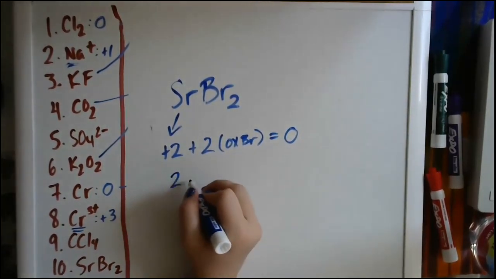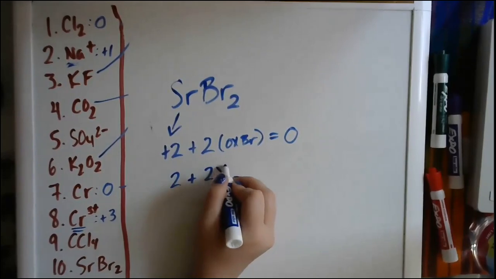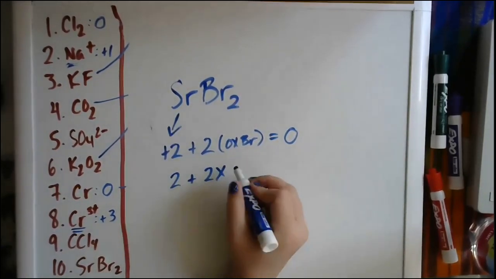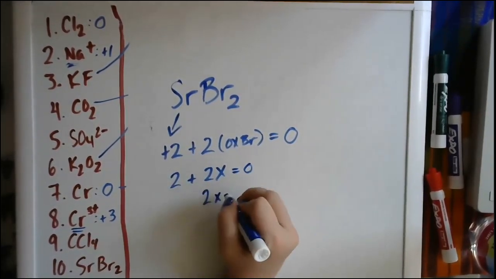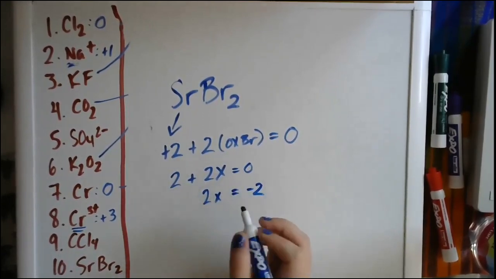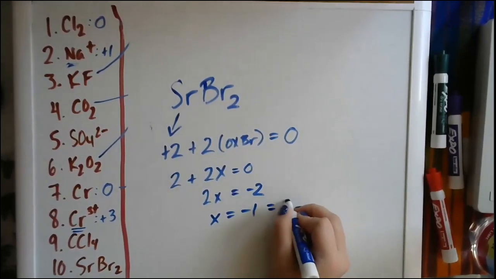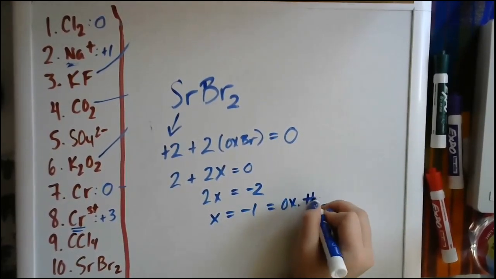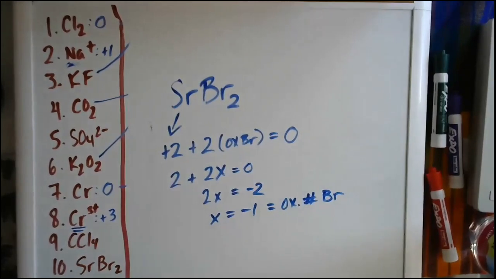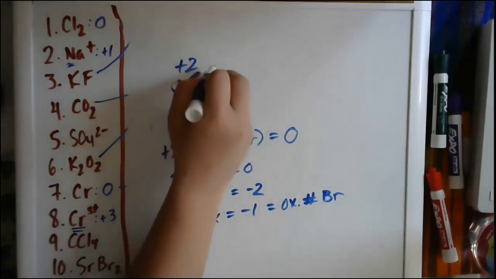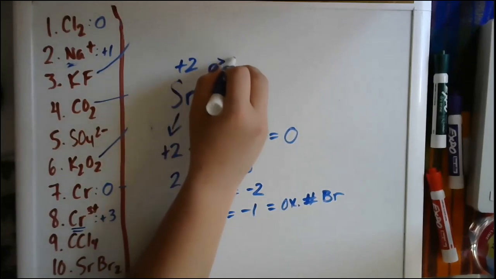So 2 plus 2x equals 0, 2x equals -2, and x equals -1. That is the oxidation state of the bromine. So strontium is +2, and each bromine is -1.